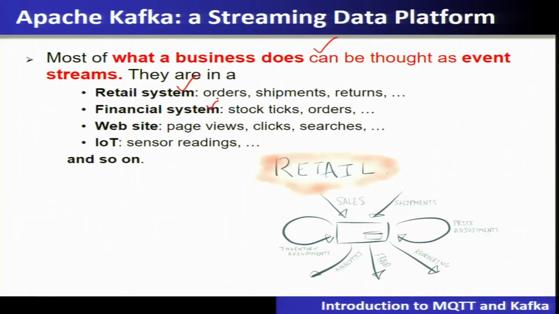Similarly, in a financial system, where stock ticks and orders are coming in. Similarly, IoT sensor readings also form event streams. Out of this sensor reading you have to capture the events in real time. So they are all event streams seen in various applications.